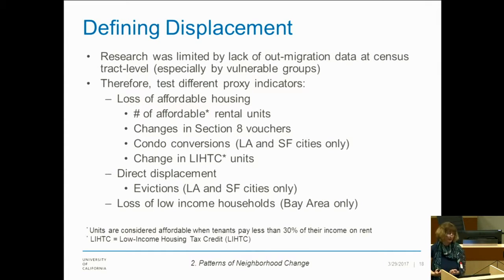So we looked at each of them separately. We looked at the loss of affordable rentals. We looked at the loss of Section 8 housing. We looked at condominium conversions, and we looked at change in low-income housing tax credit housing. And then we also looked at direct displacement in terms of eviction, and we looked at the loss of low-income households in our San Francisco study area.